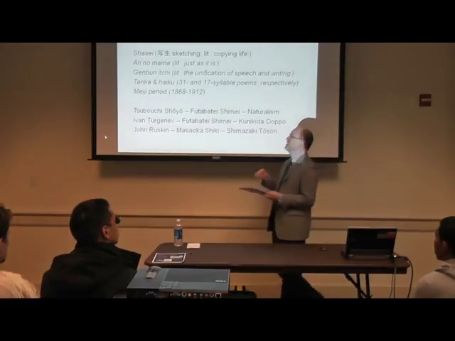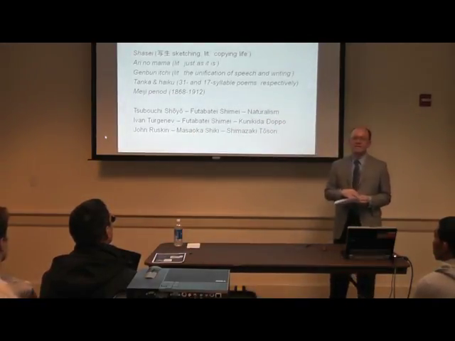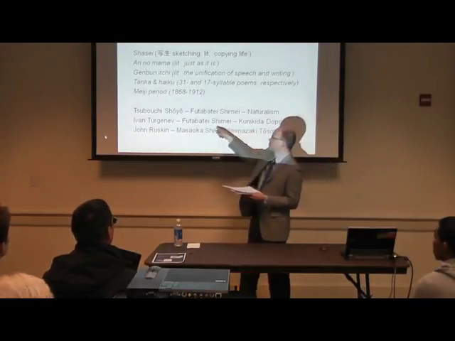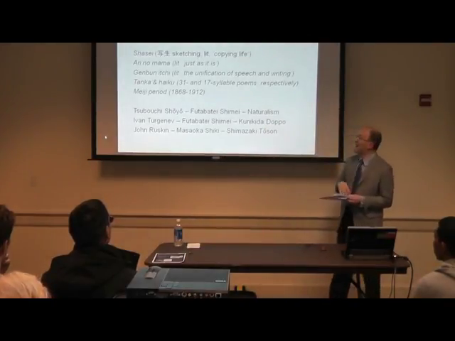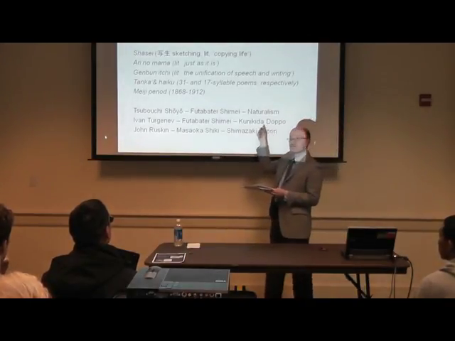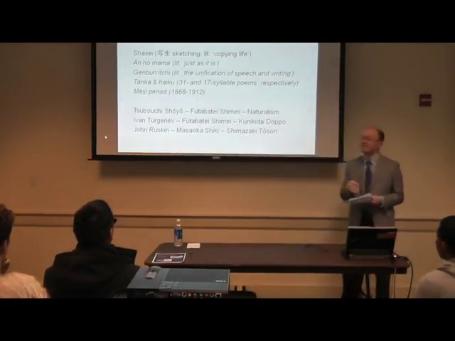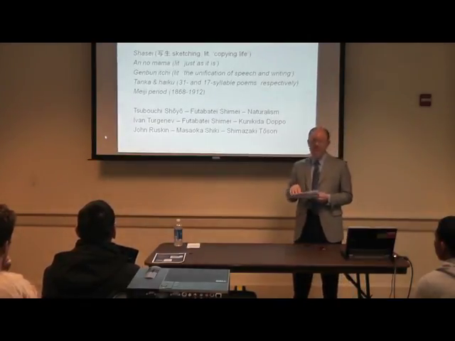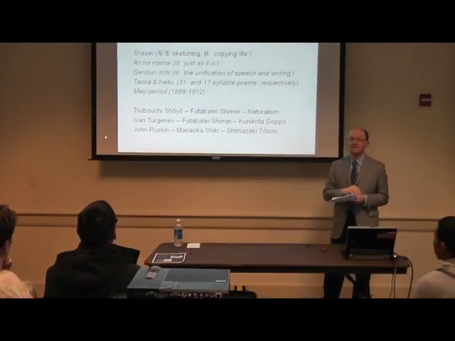He will start out with Ivan Turgenev's stories about the Russian countryside and talk about how those were translated into Japanese by Futabatei Shimei, and then how Kunikida Doppo was reading those translations of Turgenev and brought these techniques to maturity. And Kunikida Doppo actually explicitly cites Futabatei's translations of Turgenev in several of his works.